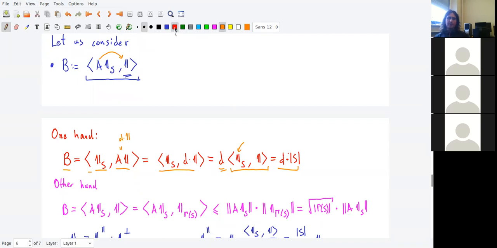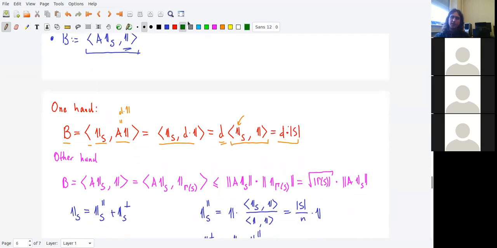On the other hand, I can start to think about B spectrally, using Cauchy-Schwarz again. So B is equal to this scalar product. Now we know that the support of this vector is equal to gamma of S. So instead of taking a scalar product with ones everywhere, I can take a scalar product with ones on gamma of S, because all the other entries are zero anyway. That's the crucial part that allows us to put gamma of S into the spectral picture.